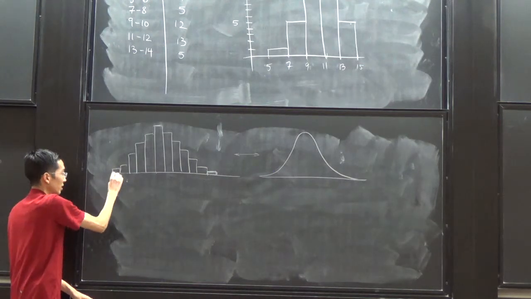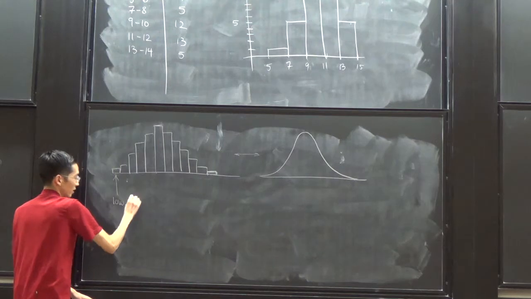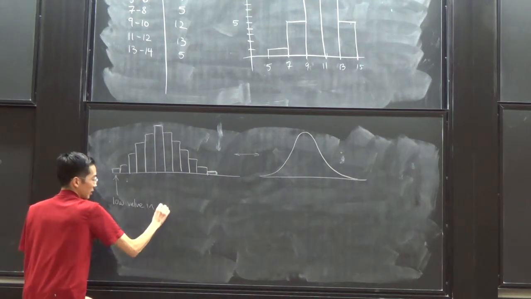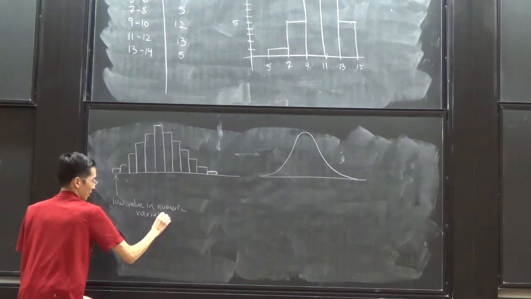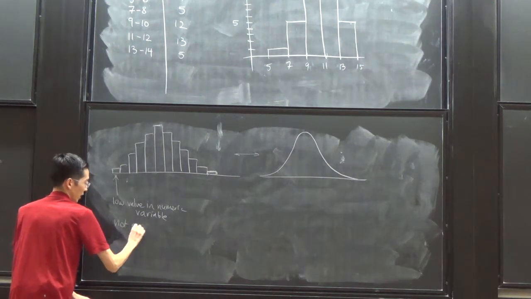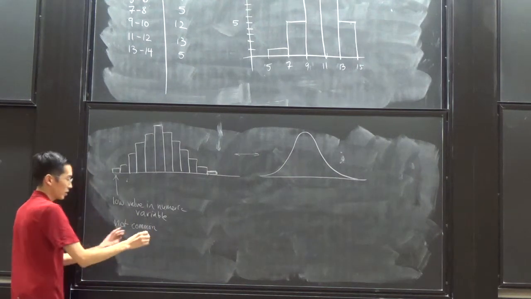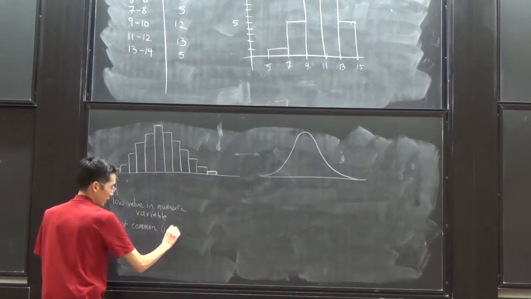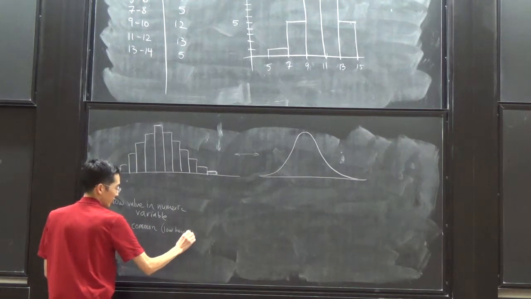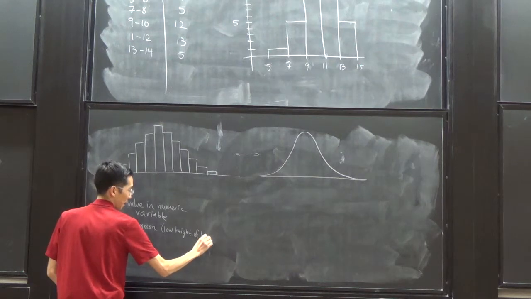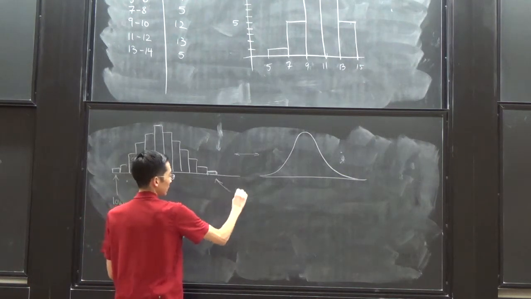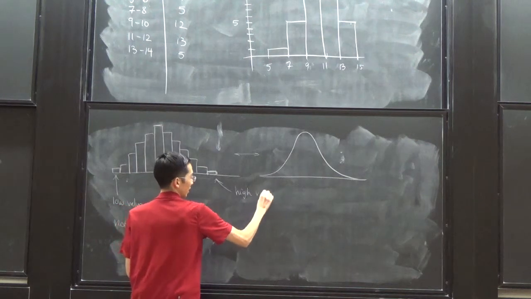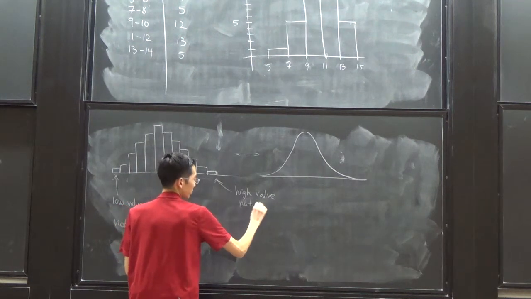Maybe I'll write that, okay? So low value in numeric variable, not common, indicated by low height of bar. Opposite over here, high value, not common.